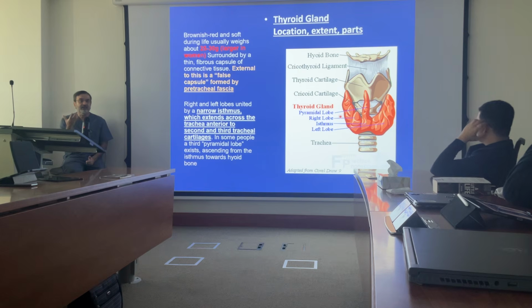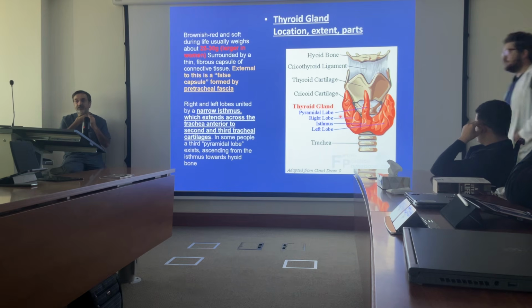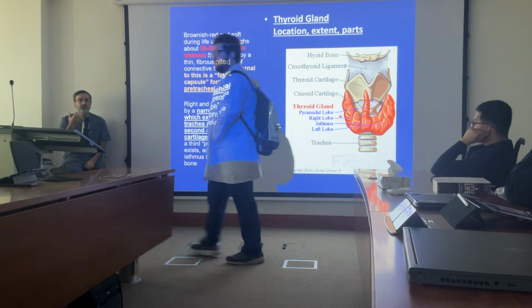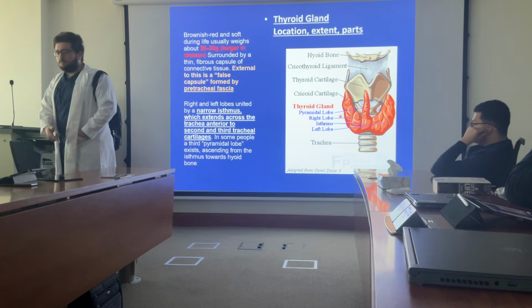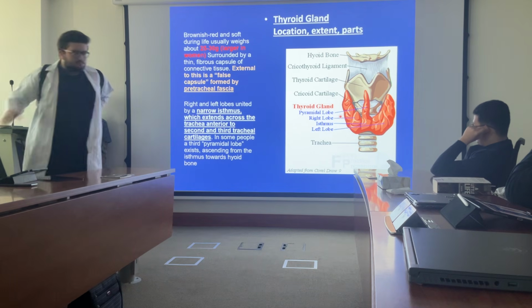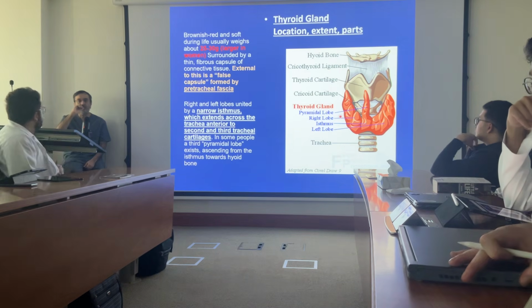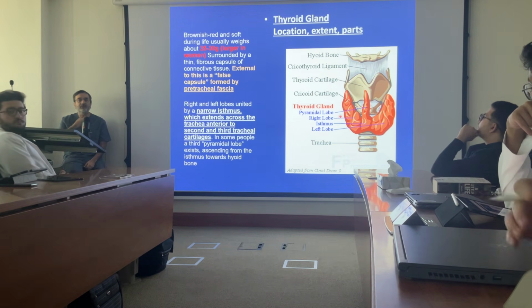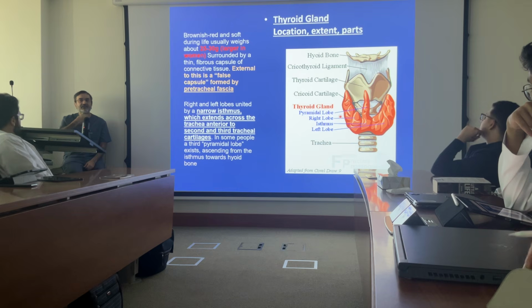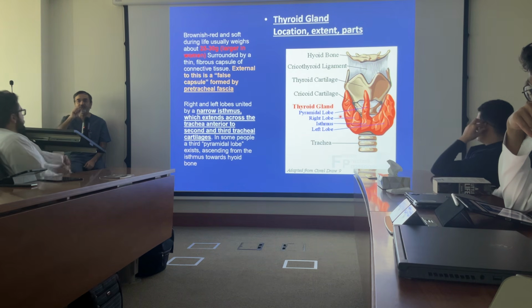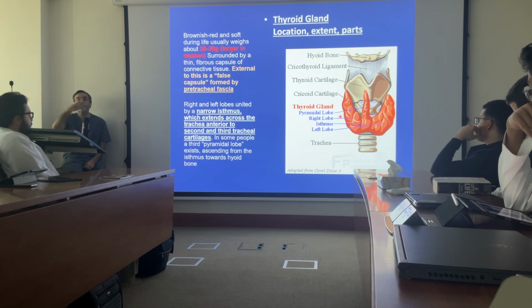So why is this false capsule important? Because it is covering the thyroid gland and attaching it to the trachea. It's a pretracheal fascia. So if there is any enlargement in the thyroid gland, when you ask the patient to swallow, you know that during swallowing, the trachea and the larynx move up. So you ask the patient to drink a sip of water and observe this enlargement.